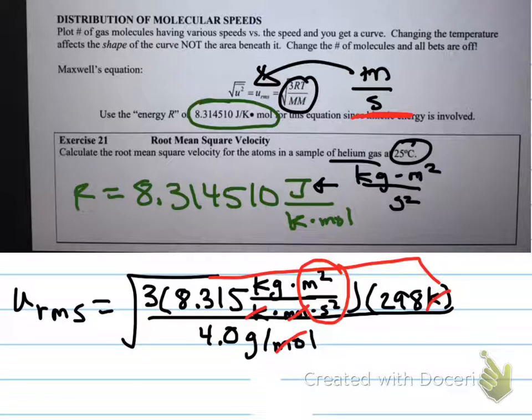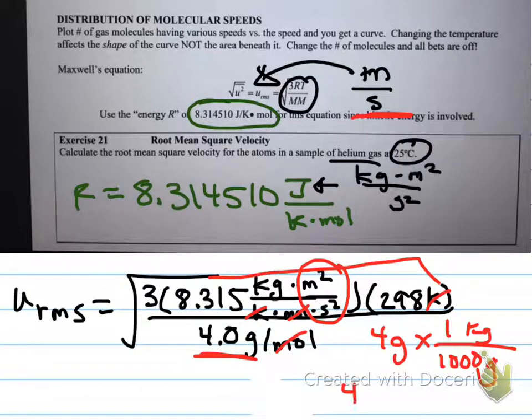Since our R constant is in kilograms, we're going to have to change our molar mass into kilograms as well. To go from 4 grams into kilograms, it would be 1,000 grams for every 1 kilogram. So we would have 4.0 times 10 to the negative 3 kilograms.